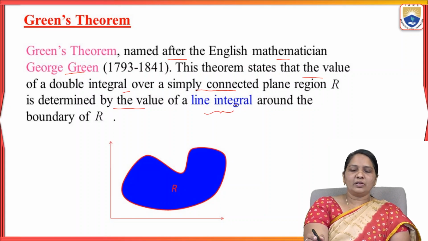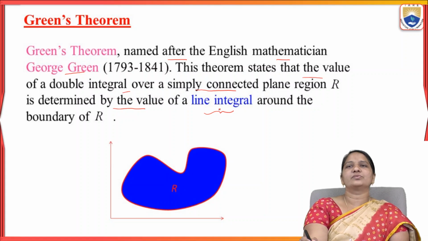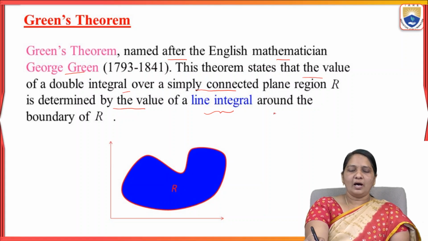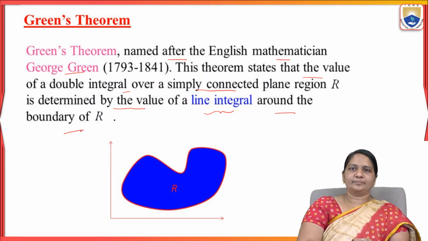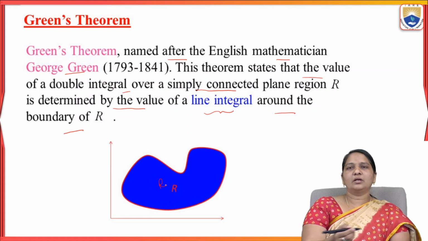This double integral value we can calculate by using the line integral around the boundary of R. So here we can observe the figure. This is the region R. We can calculate this double integral value through the line integral, and also by using the surface integral. What is the relation? We are going to see.